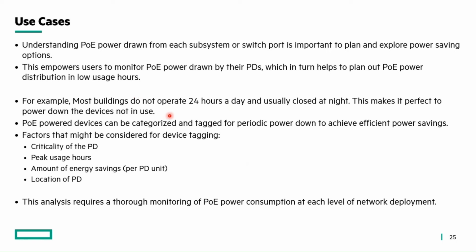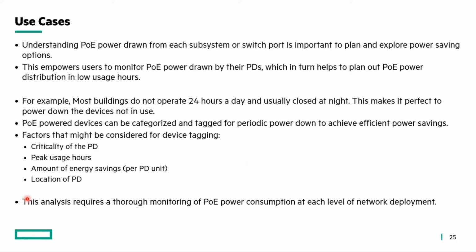So the PoE devices can be categorized and tagged for periodic power down to achieve efficient power savings. In order to achieve your power saving goals, you might want to tag your powered devices with different categories so that periodically, when they are not expected to operate in a certain period of time, they can be powered down and that energy can be saved.